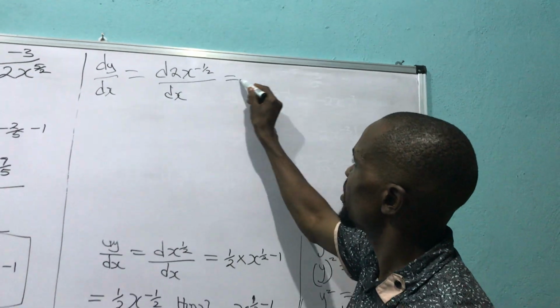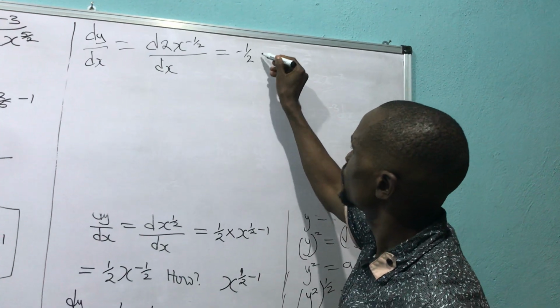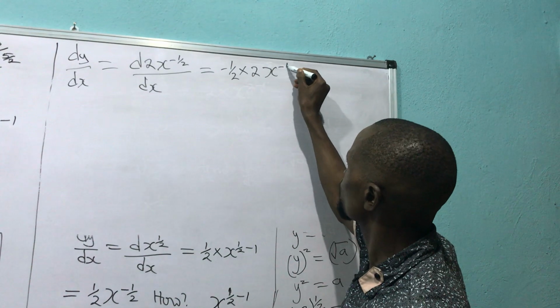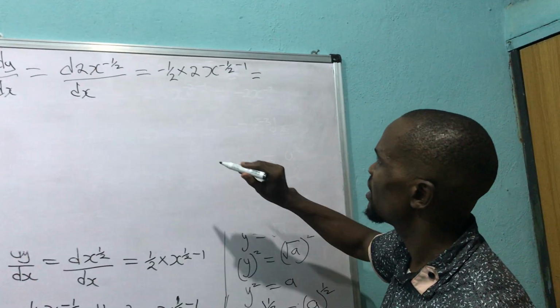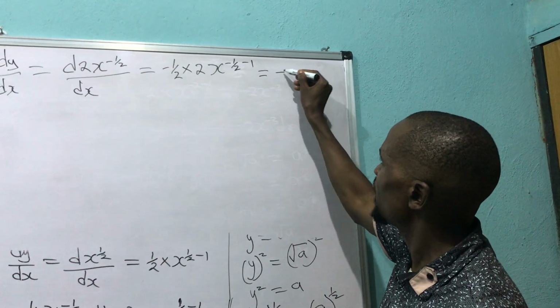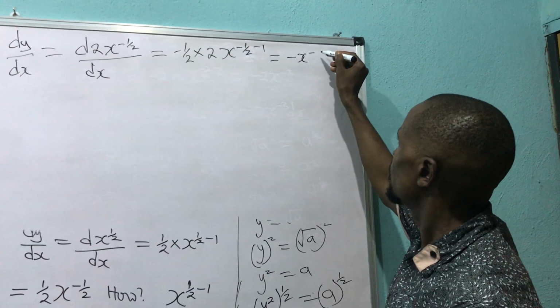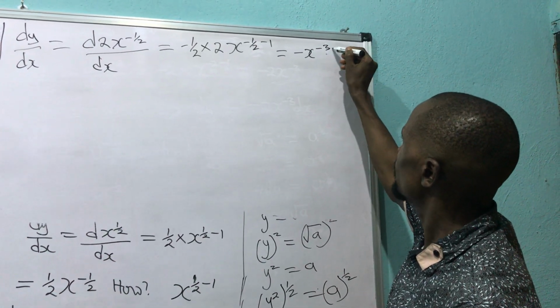And that will give me minus 1 over 2 times 2 x raised to the power minus 1 over 2 minus 1.